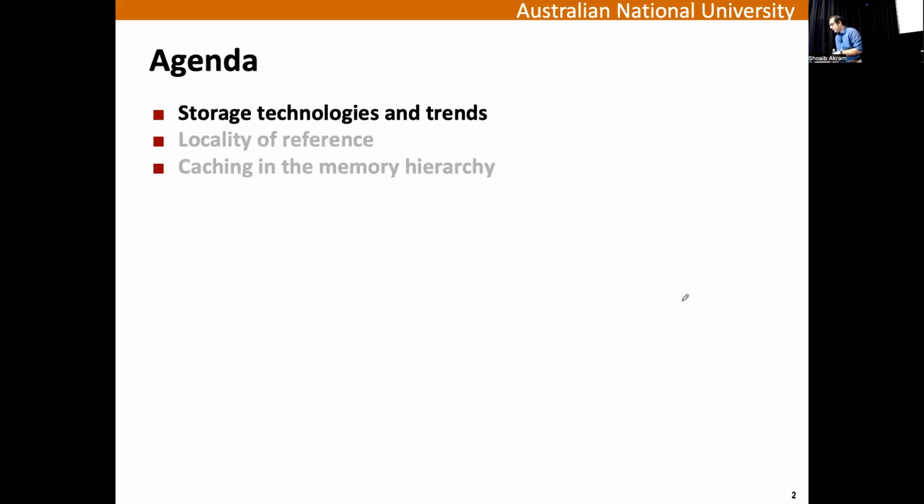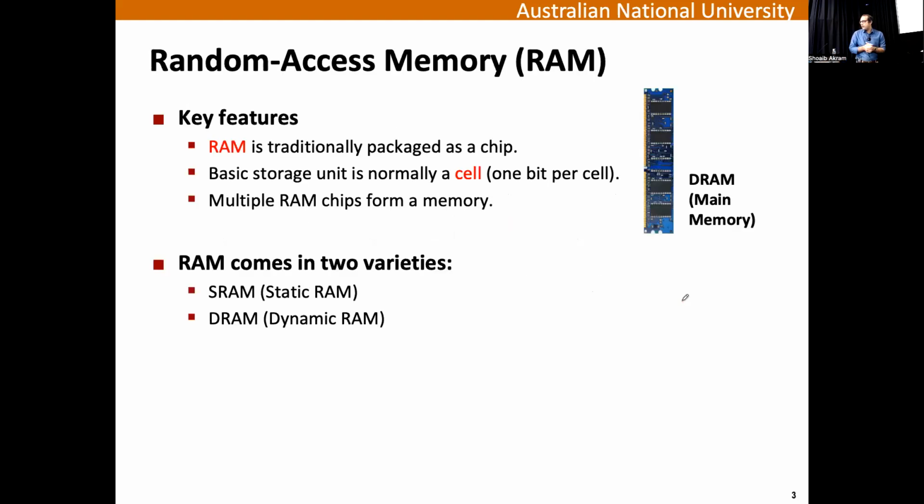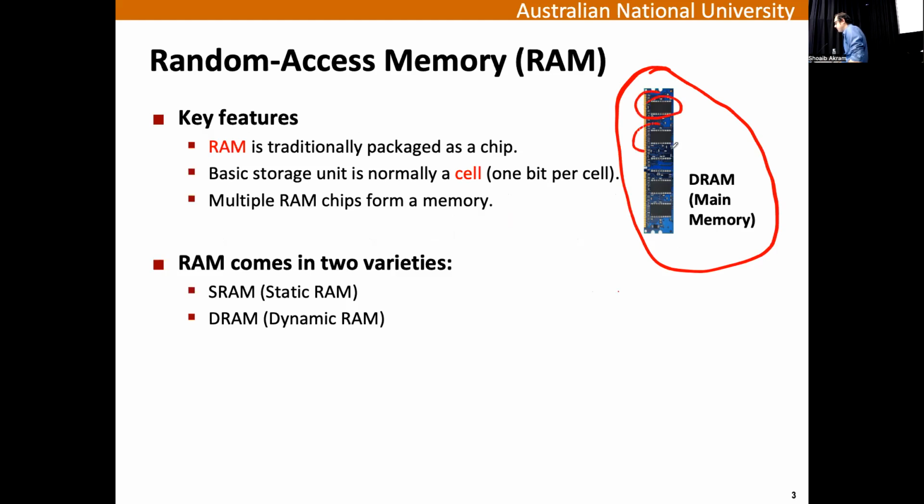Okay, let's start with RAM, random access memory. Physical memory, there are two types: static random access memory and dynamic random access memory. What we use as physical memory in our systems is DRAM, dynamic random access memory. The DRAM package looks like this. Each of these is a chip, and there are chips on both sides.